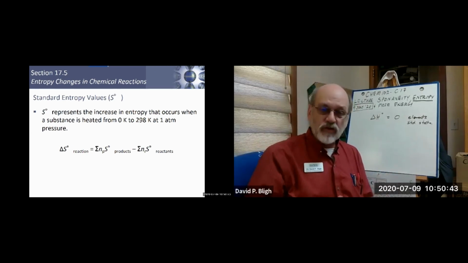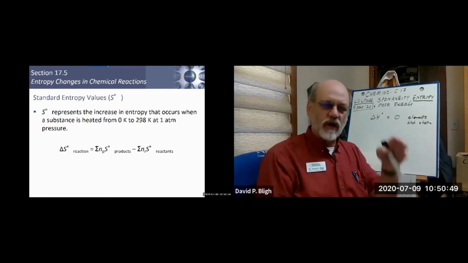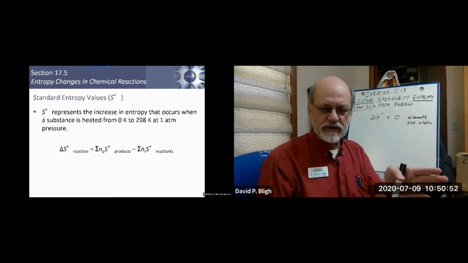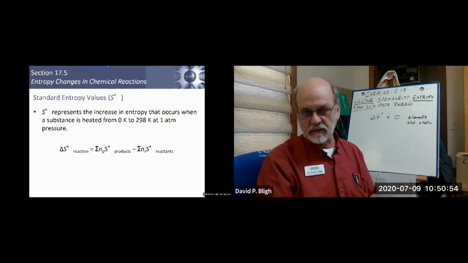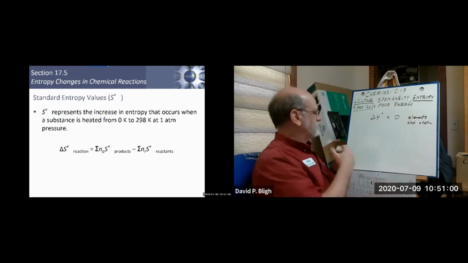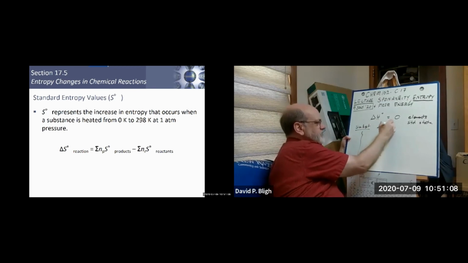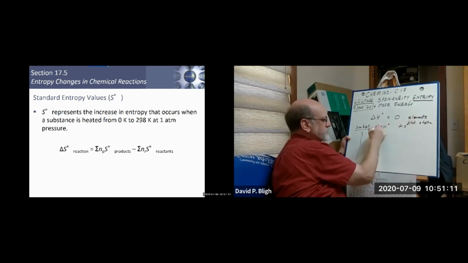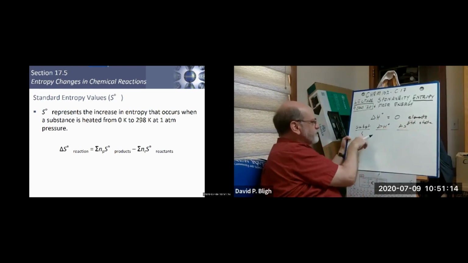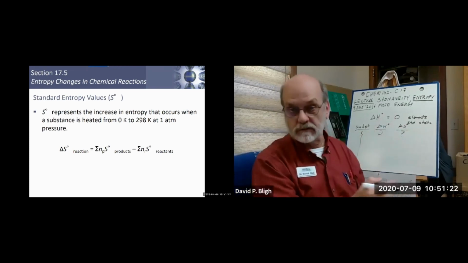But for entropy, since entropy is measured in terms of 0 at 0 K in a perfect crystal, there's always an entropy value. Right, so when you see a list for whatever the substance is here, and then you have standard delta H's for that substance, if it's an element, this will be 0, but this will have some value.